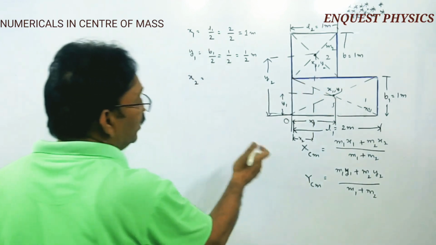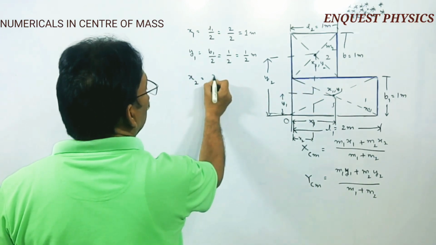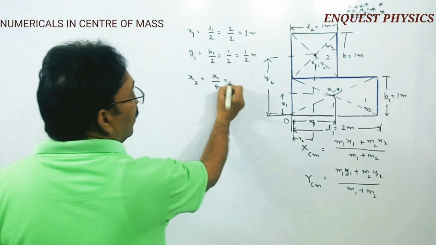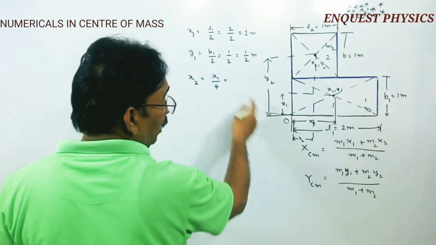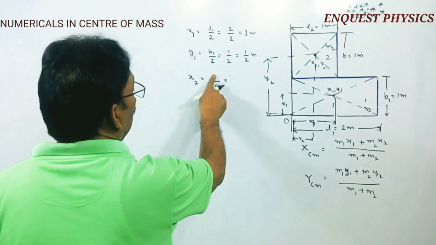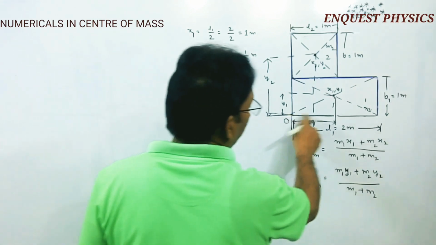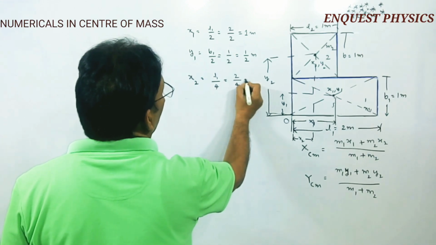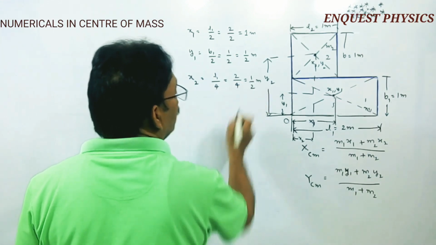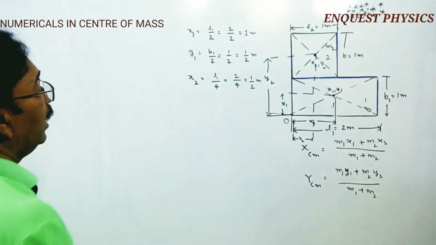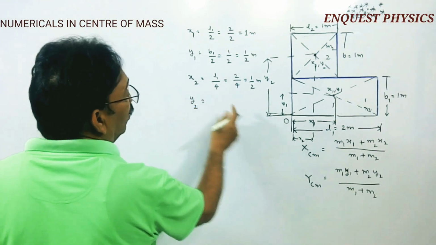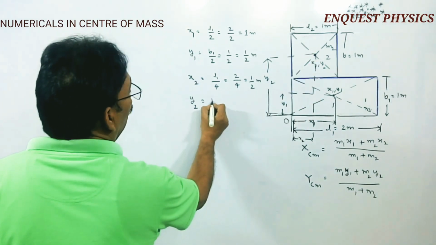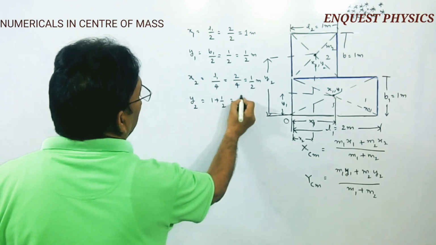This distance is the fourth part of L1, which is half of x1, that is 2 by 4, it is 1 by 2 meter. And y2, this one is 1 meter and this is half meter. 1 plus half, it is 3 by 2 meter.